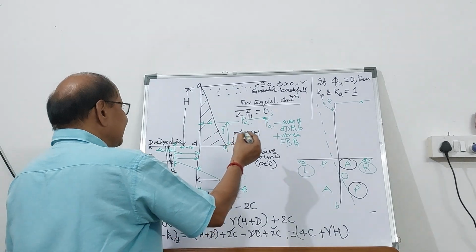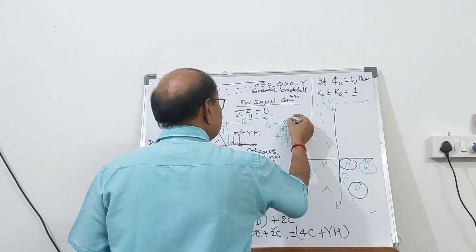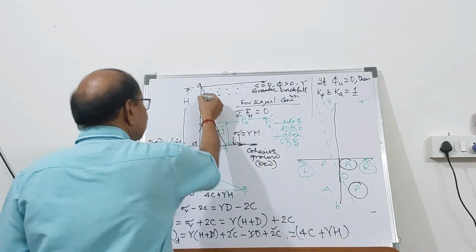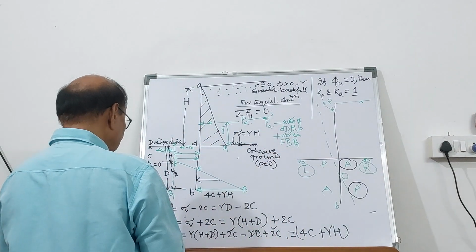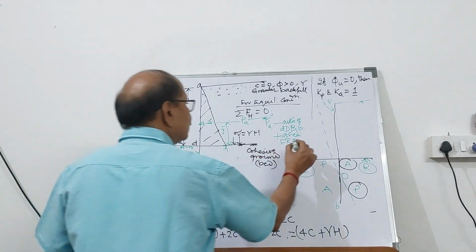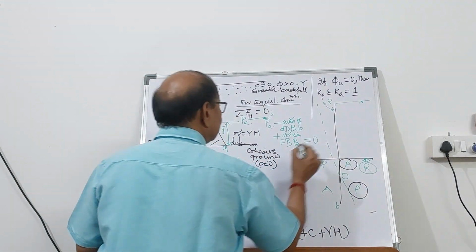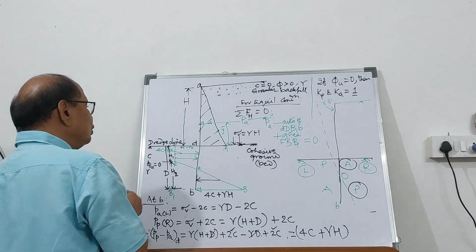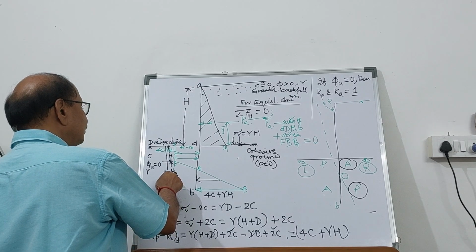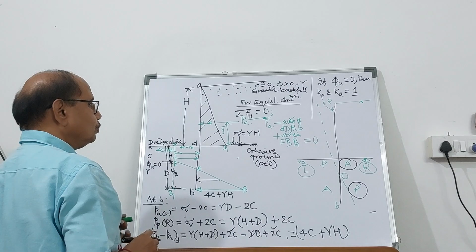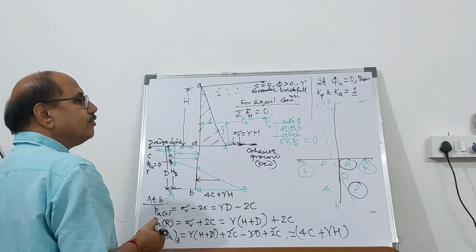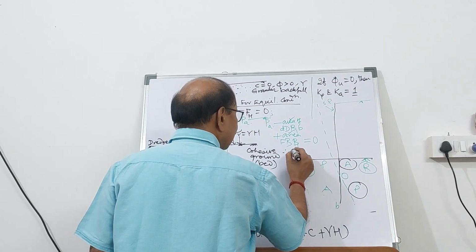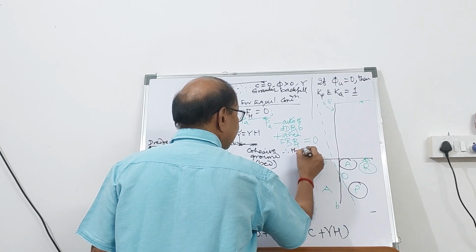So you can easily find out this area. This area is already known to you, and therefore you can equate it to 0. And this will give you the value of H2. So from this you can get the value of H2.